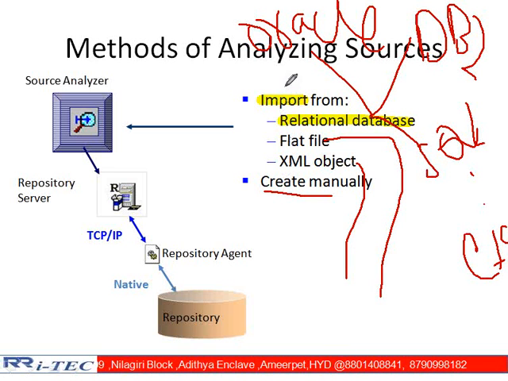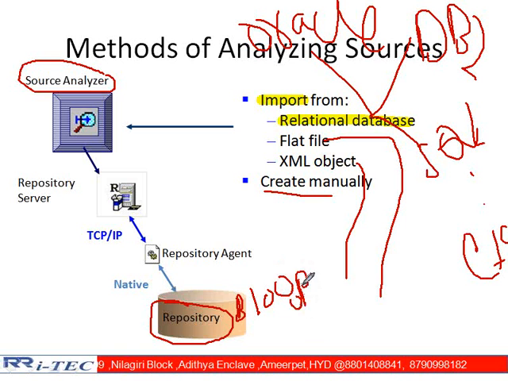Now once you want to import all these things, we require one guy's help. That guy is called the Source Analyzer. Once you have imported, where are we going to store it? Into the repository. What is your repository name, sir? It is nothing but our B108 RS. In this one we are going to store it.